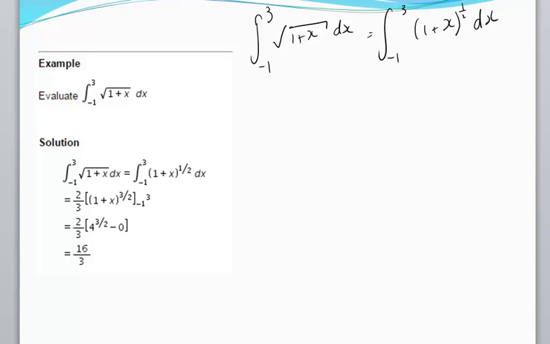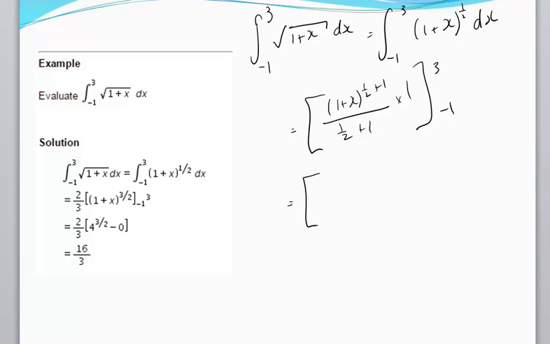So now we're going to go through here. We want to find, put our square brackets in. We've got 1 plus x to the power of a half plus 1, divided by a half plus 1, multiplied by 1 here. And it's between 3 and minus 1.